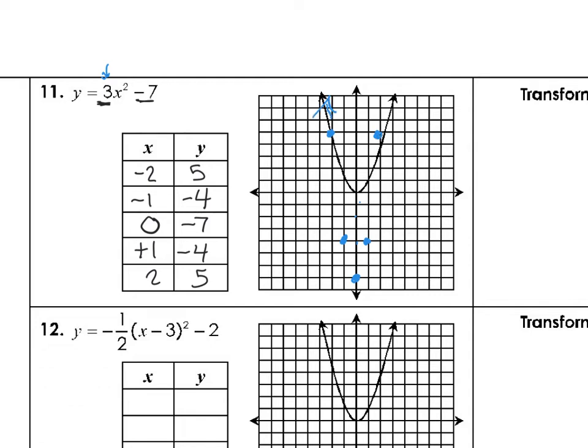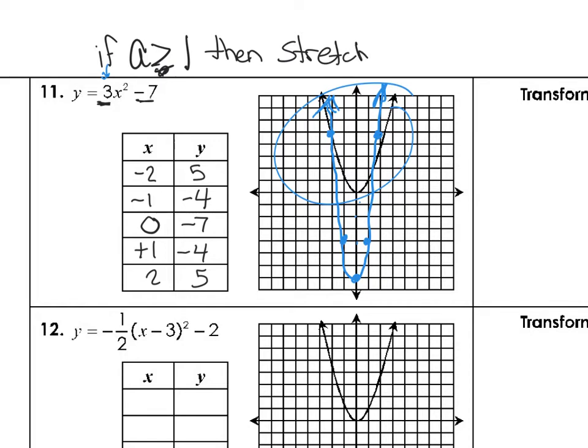So this graph looks like this. Oh, that's crazy. Look, it's stretched out, isn't it? It's kind of like they took this one and just pulled it and stretched it out. So that's showing me if A is greater than 1, then the graph is stretched, or it becomes more narrow.